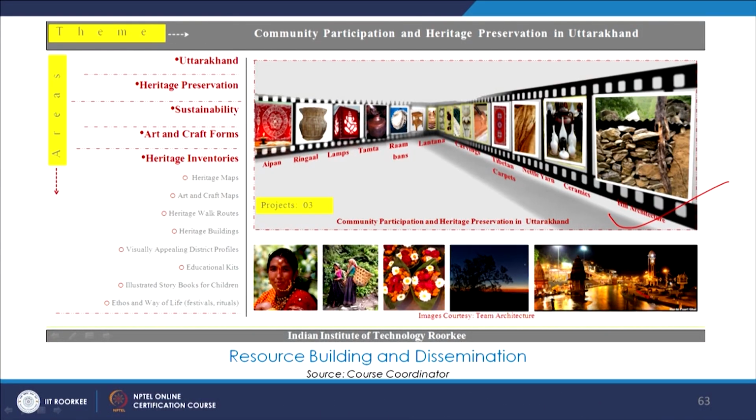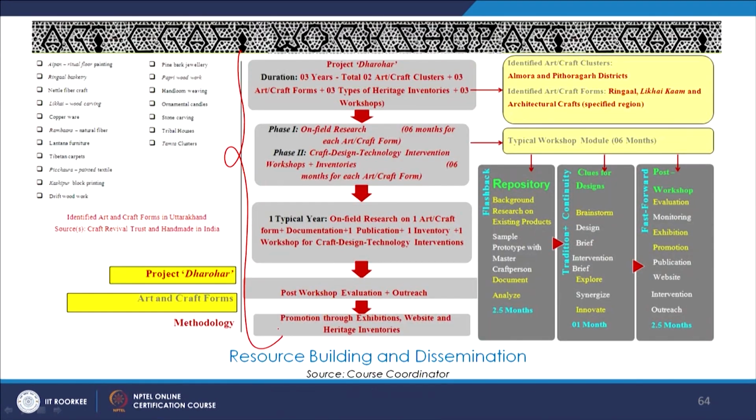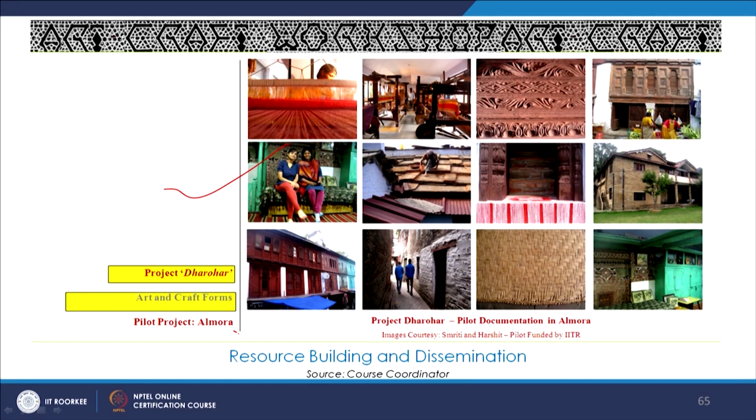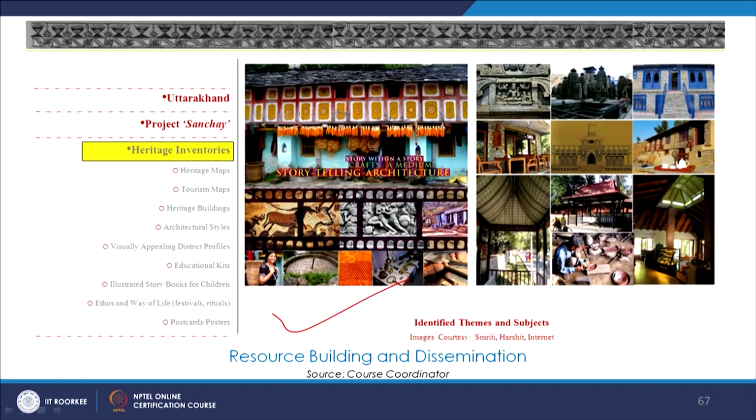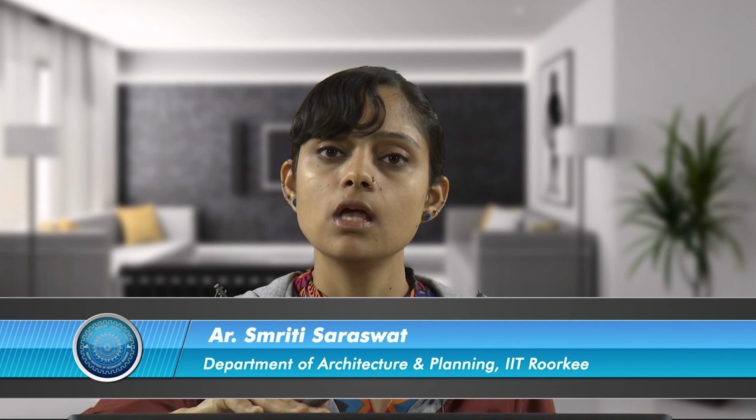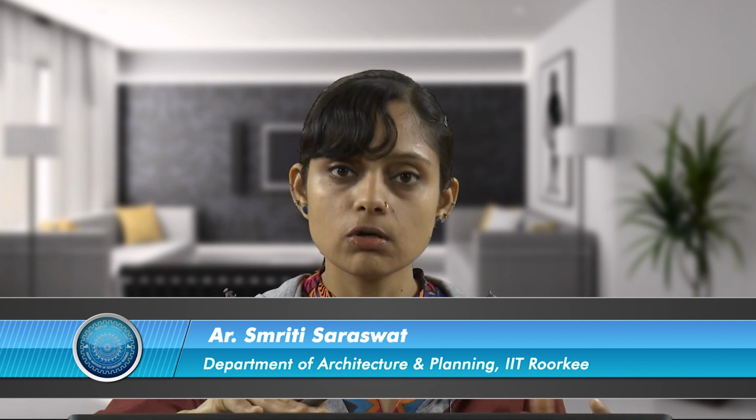Again, some more projects and their details, and how we approach a project from a resource building and dissemination perspective, of course followed by the research and documentation part, the process to be followed, and what the focal points of that project are. And again, more details, visual repositories, resource building and dissemination. There is also a way to disseminate through videos and documentaries, and one of the small documentaries is in the making, I don't have it right now.